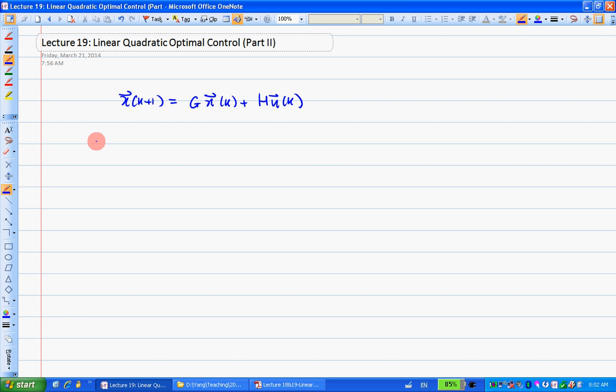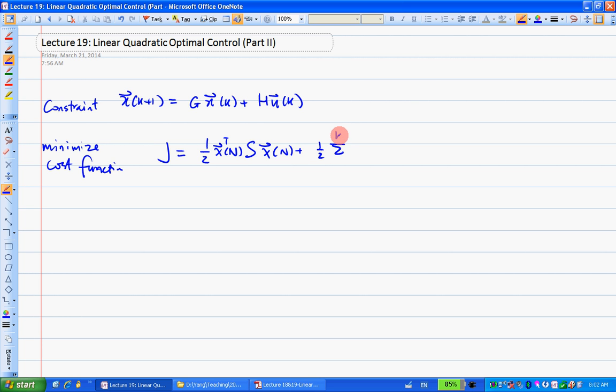What we want to do is minimize, subject to this constraint, a cost function g equal to one half x of N transpose S x of N plus one half the sum from k equal to 1 up to N minus 1 of x of k transpose Q x of k plus u of k transpose R u of k.